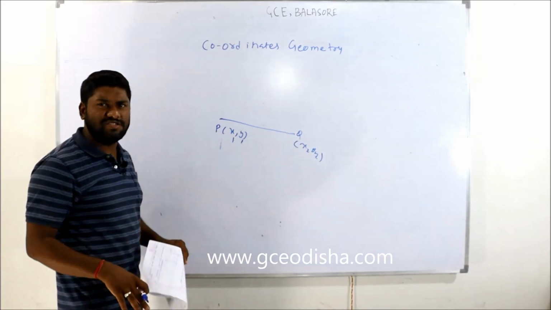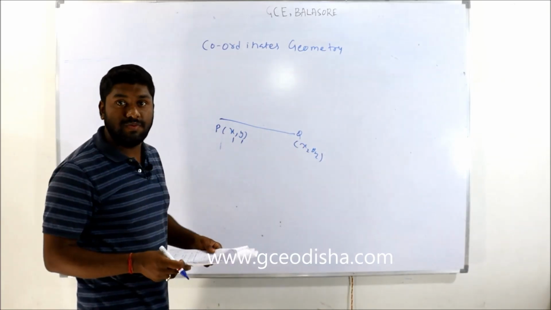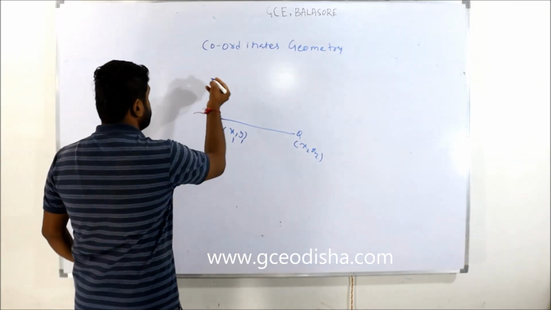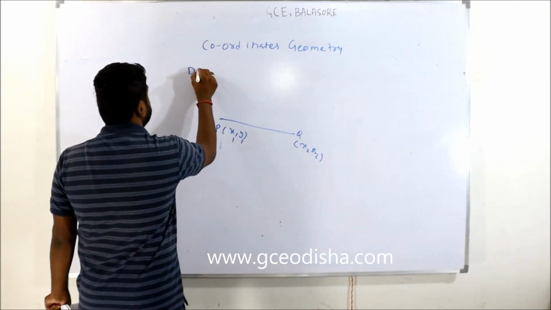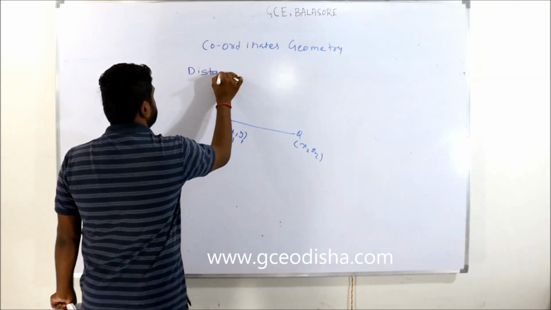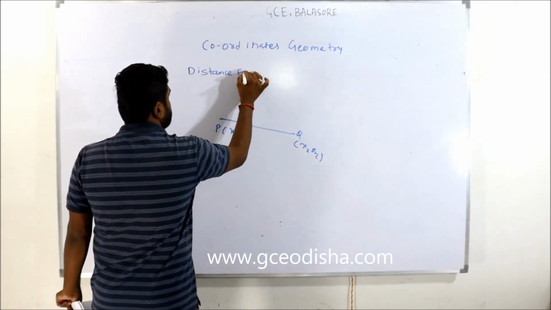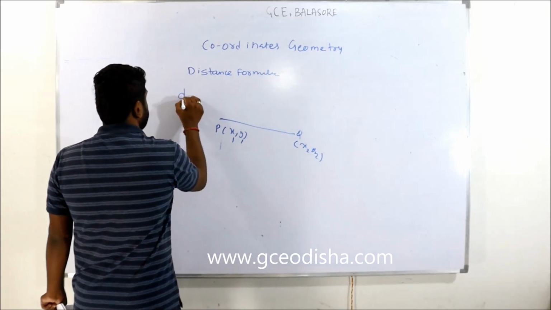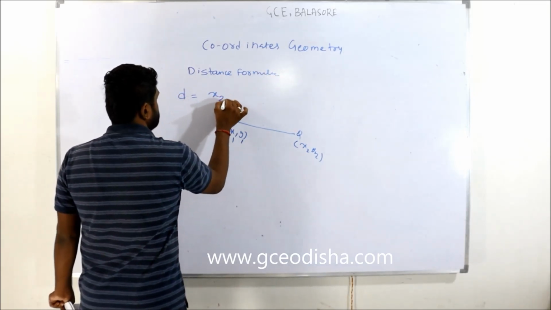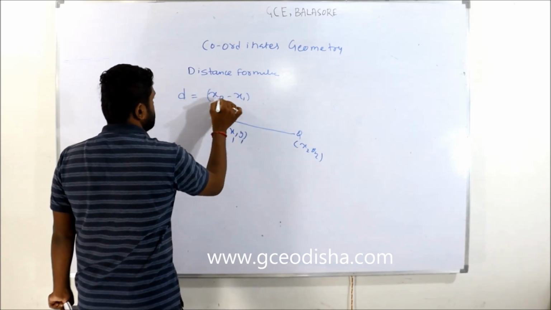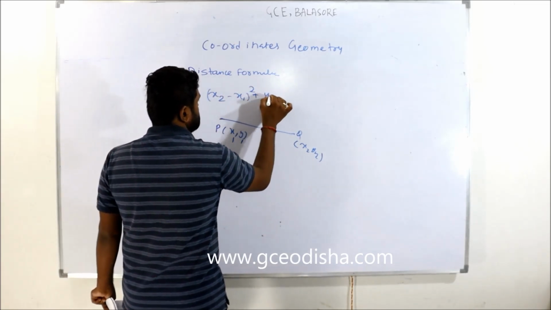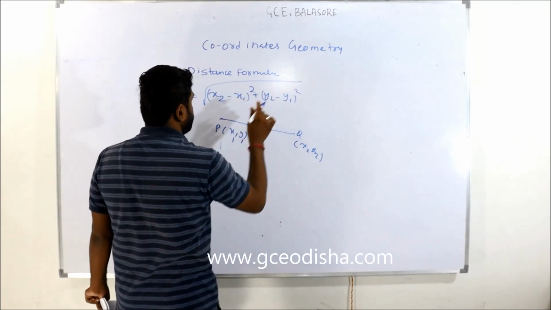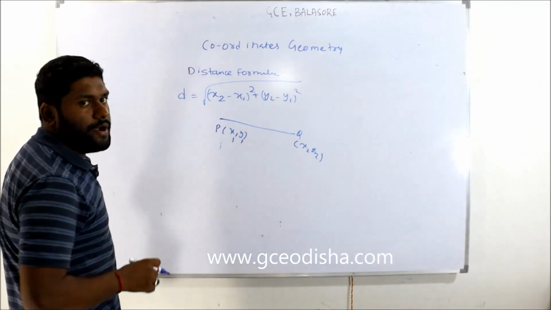So how can you find the distance between 2 points? The distance formula is given: d equals the square root of (x2 minus x1) square plus (y2 minus y1) square. This is the distance between 2 points.